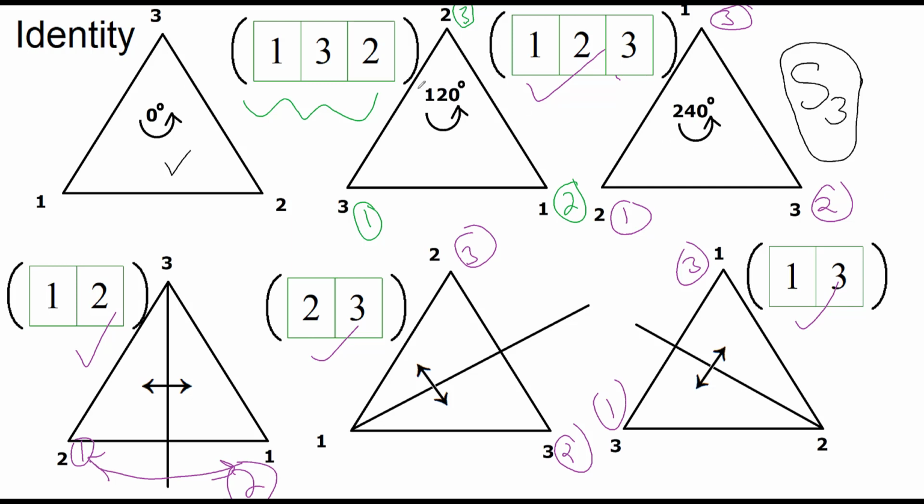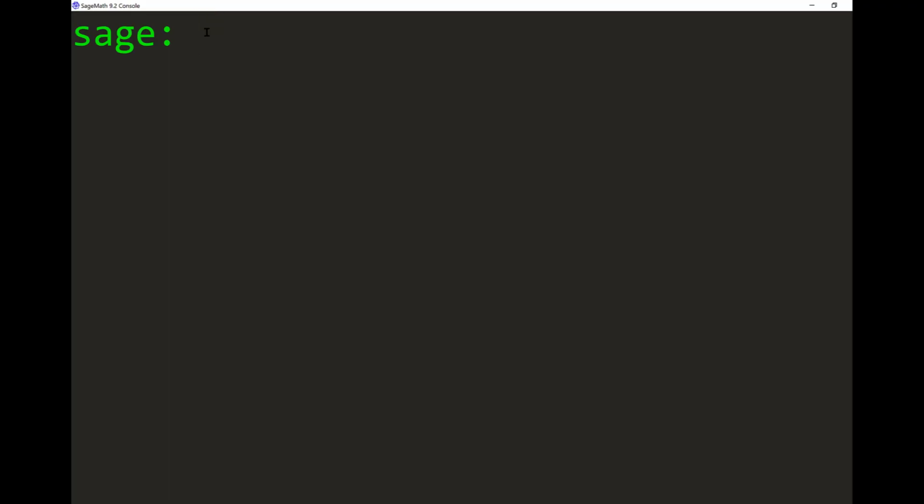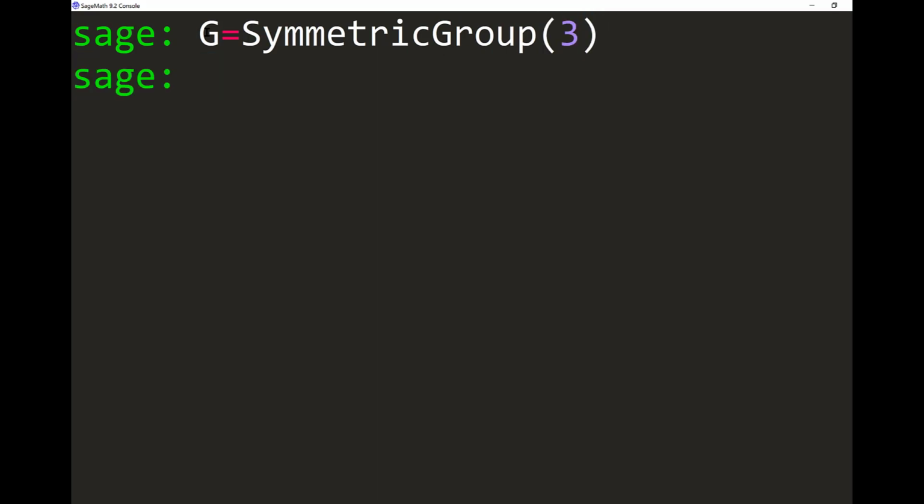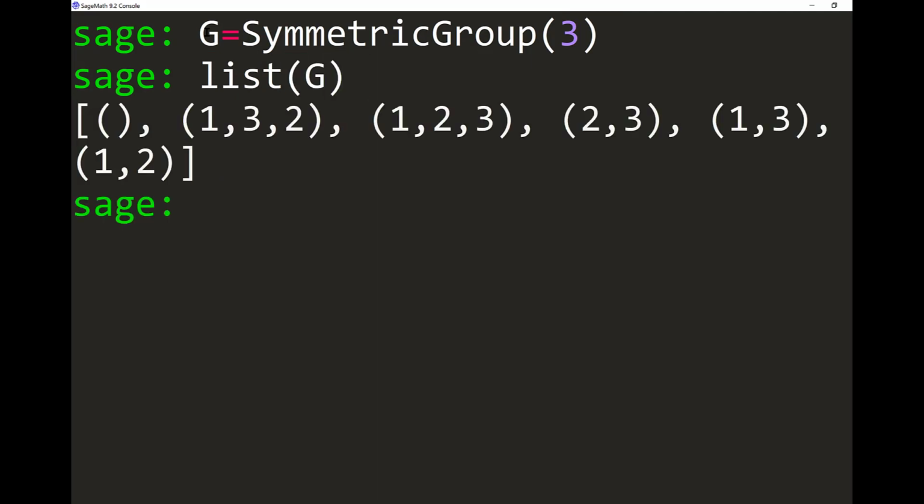All right, so instead of doing this by hand, let's quickly review our Sage Math methods. Let's just keep it simple for practice. So we are taking G as the symmetric group on 3 symbols, and let's ask it to list G. So we have the three elements that we had.